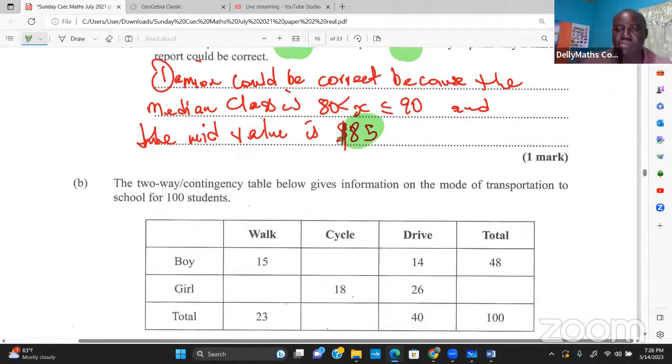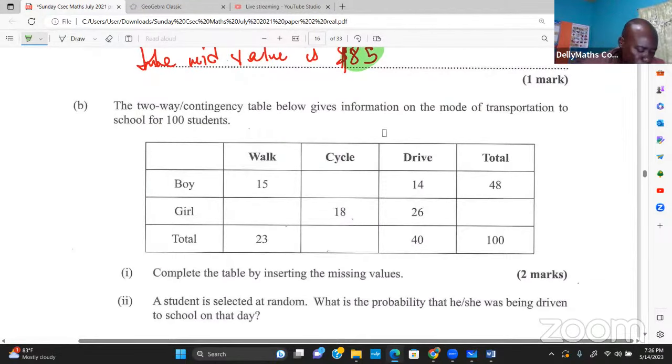All right, next question. It says the two-way contingency table gives information on the mode of transportation to school for 100 students. Here's my total.